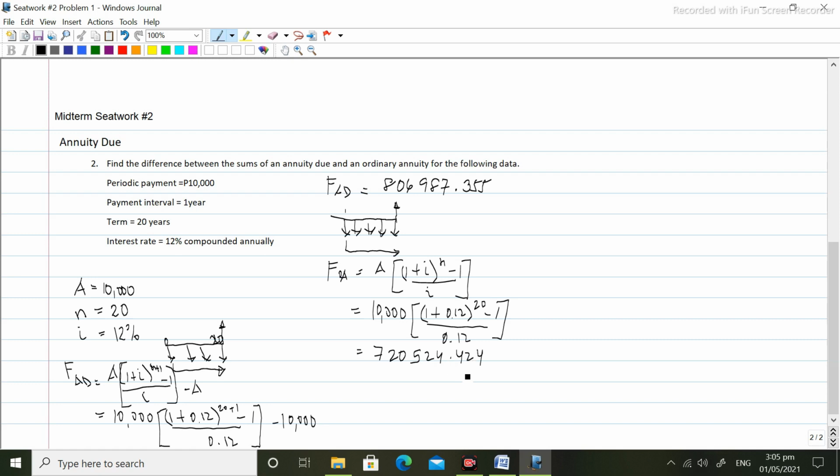720,524.424. Okay? And then, yung difference nila, so absolute value lang yan na FAD minus FOA. So, meron tayong FAD na 068,987.355 minus 720,524.424.